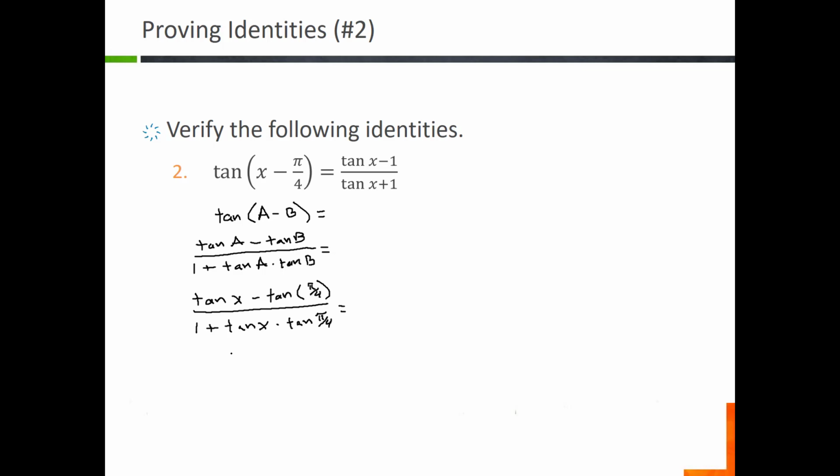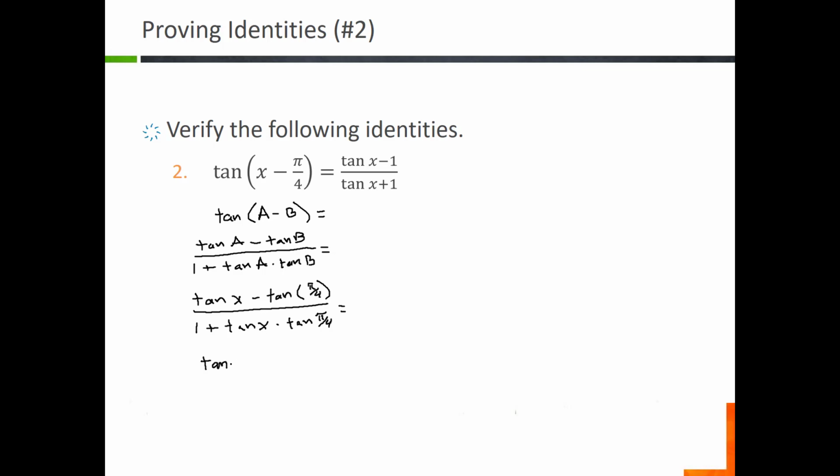Alright, so this should sort of look closer to what we need, right? We have the tangent of x minus something, which over here we hopefully get tangent of x minus 1. And in the denominator, we do have a 1 plus a tangent, but we have this pi over 4 thing. So what does all this turn out to be?